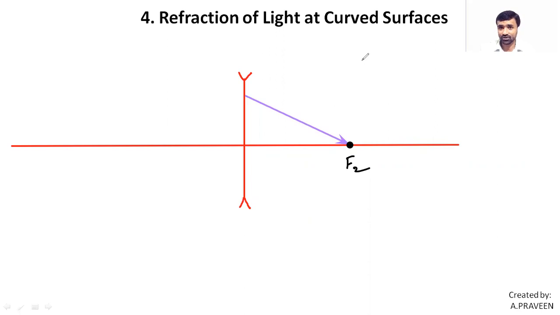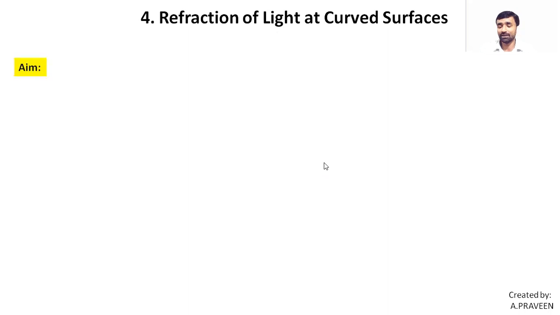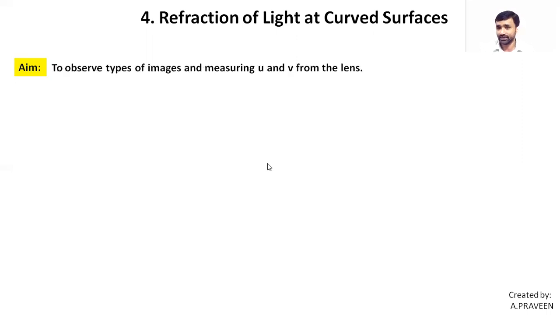After this, the topic is lab activity. So what is lab activity? Simply finding the focal length and observing the characteristics of an image formed by that, right? In this, you are measuring the object distance and image distance to observe the types of image formed by a lens.